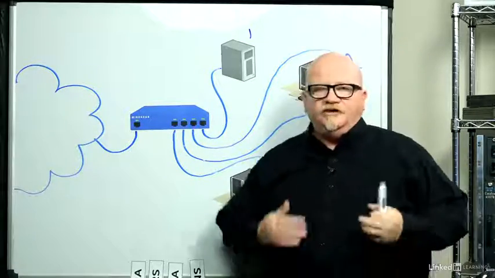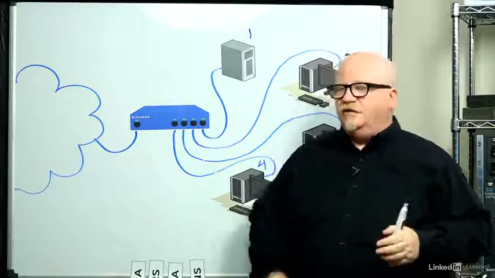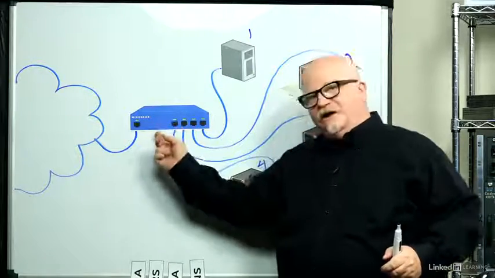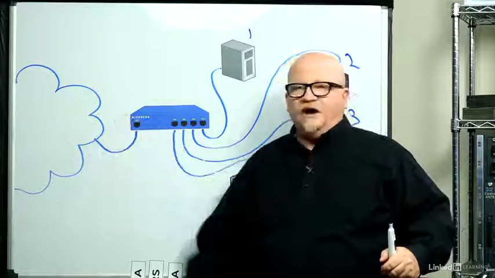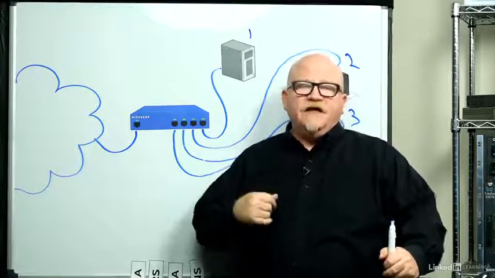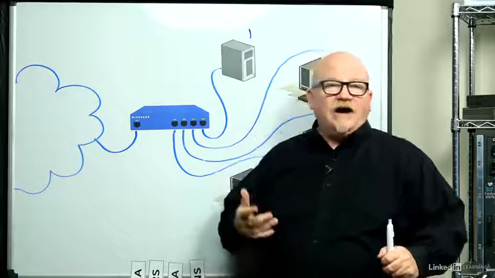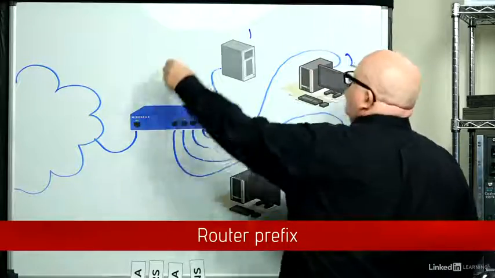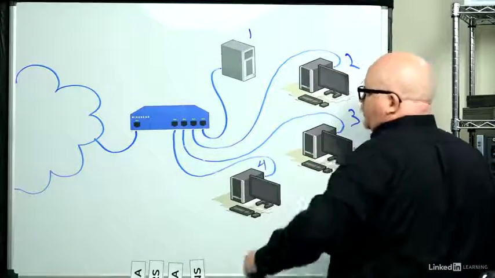So usually the internet service provider also sends router advertisements down to our individual routers, and those routers will actually use DHCPv6, and they will generate what we call router prefixes, which basically allow our router to determine what our little network ID is going to be for this guy.